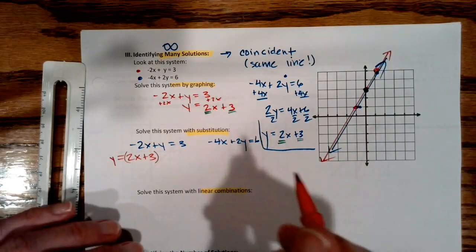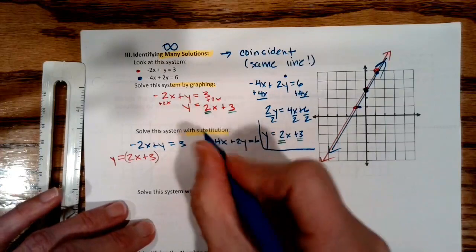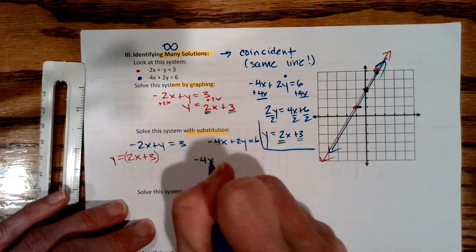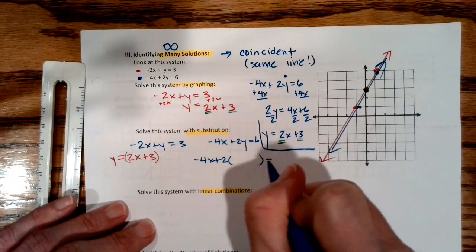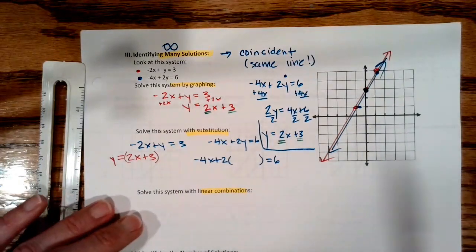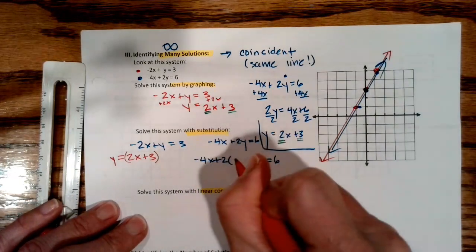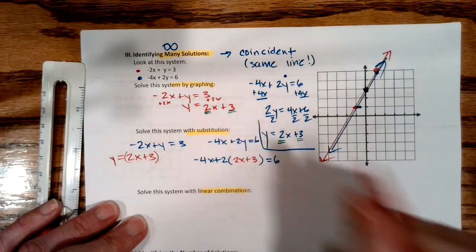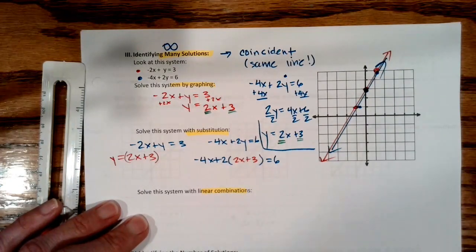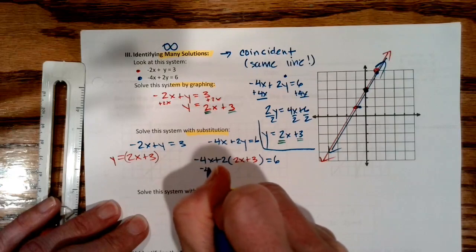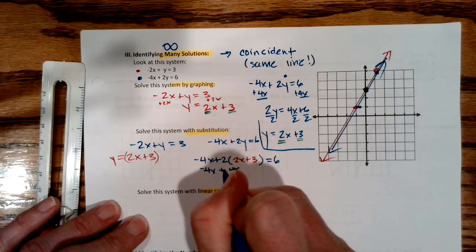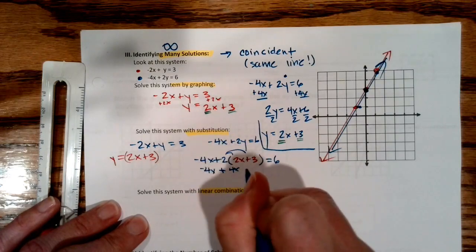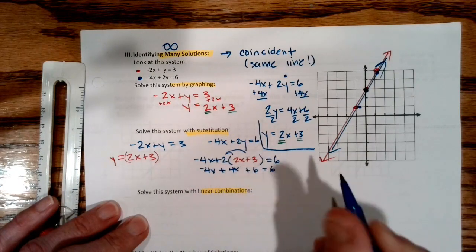So we'll go ahead and substitute that in for y in my second equation. Negative 4x plus 2 times my value for y is equal to 6. I'll take the 2x plus 3, and then I'll continue on. Negative 4x plus 4x, remember I have to distribute, plus 6 is equal to 6.